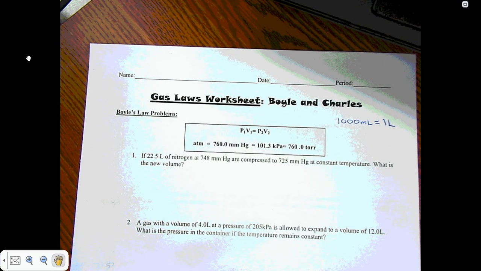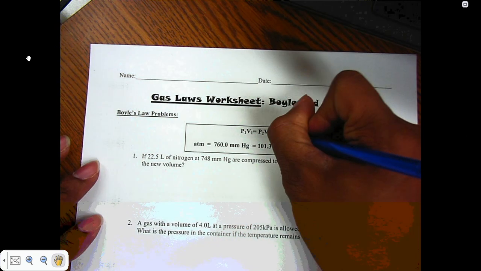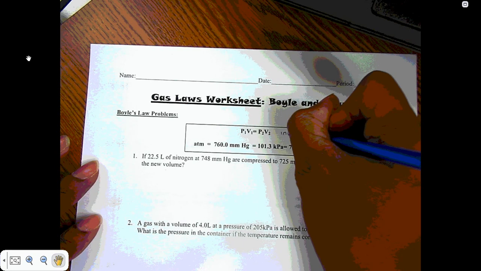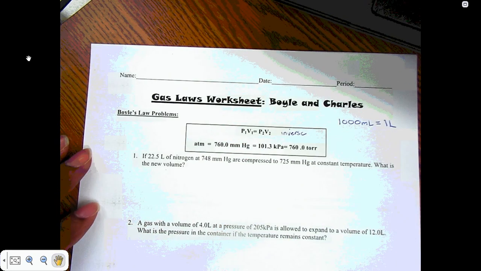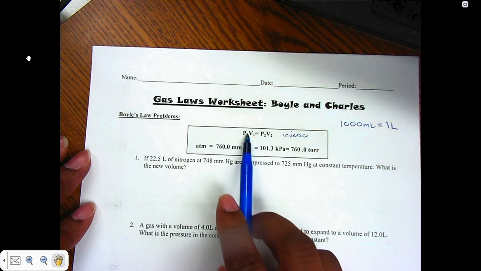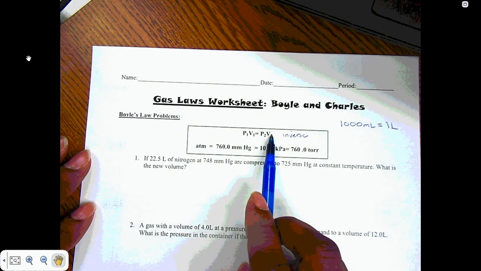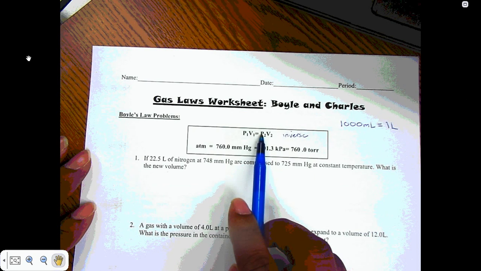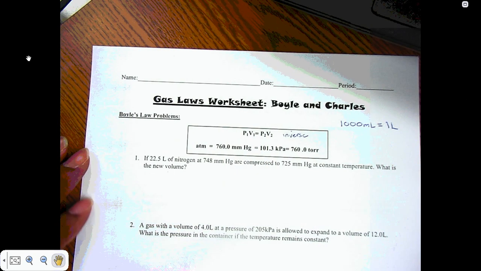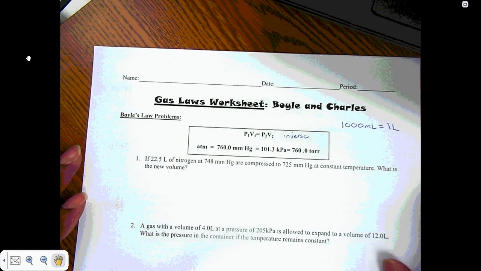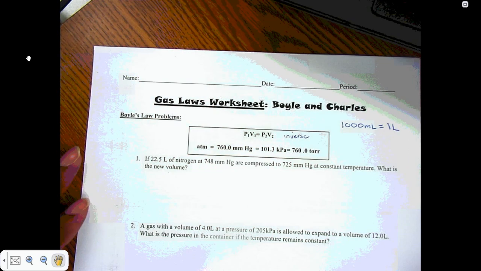Now, for Boyle's law, you need to understand that it expresses an inverse relationship. And what that inverse relationship means is that as the pressure increases from P1 to P2, the volume will decrease. So that's what an inverse, or I guess I would call it indirect, relationship is.